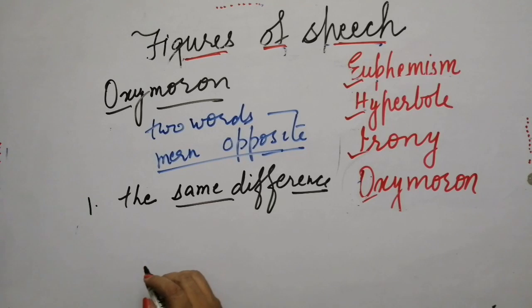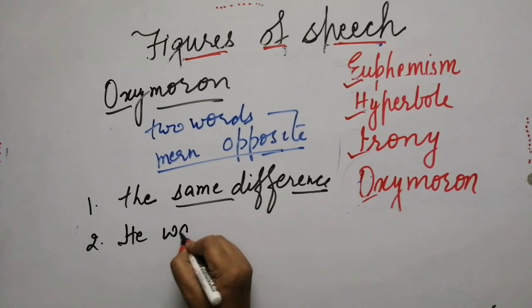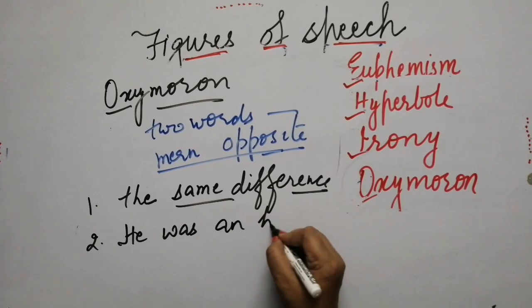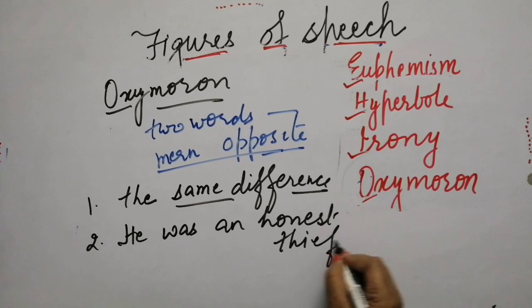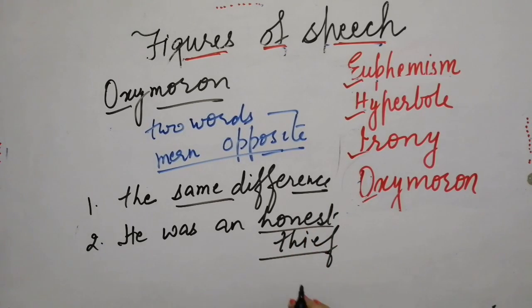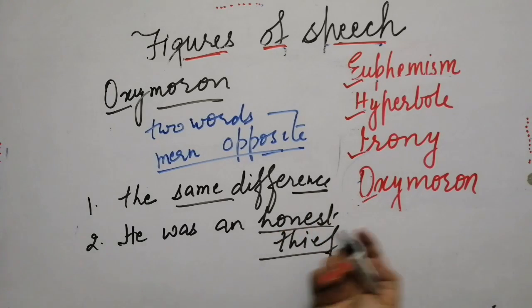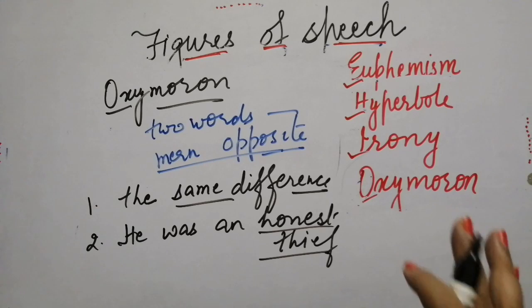You may say that he was an honest thief. Got it? This is what opposite means there. And many phrases are there. You may create your own also. And what is the function of this?